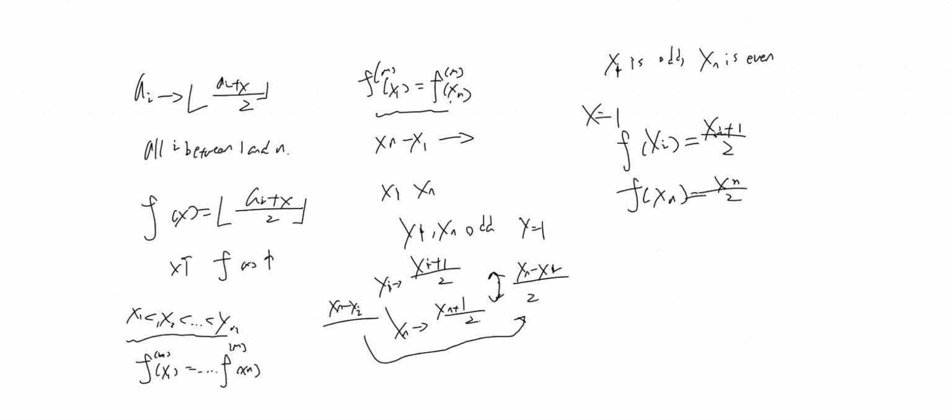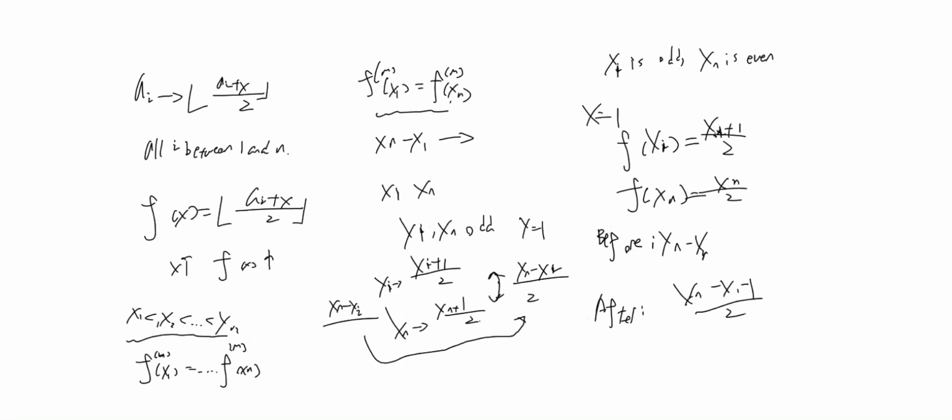So before the operation, the distance between xn and x1 is xn minus x1, whereas after the operation, the distance between them is (xn minus x1 minus 1) over 2.